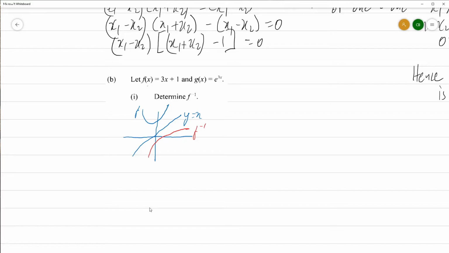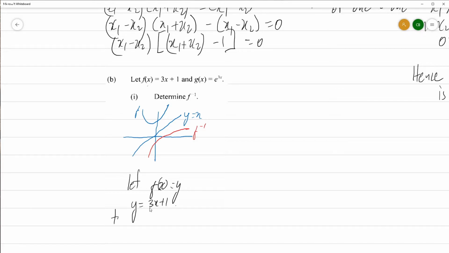So you would say let f of x equal y. So you say y is equal to 3x plus 1.